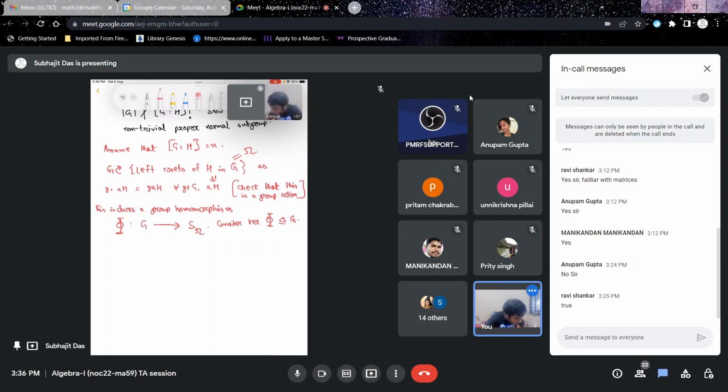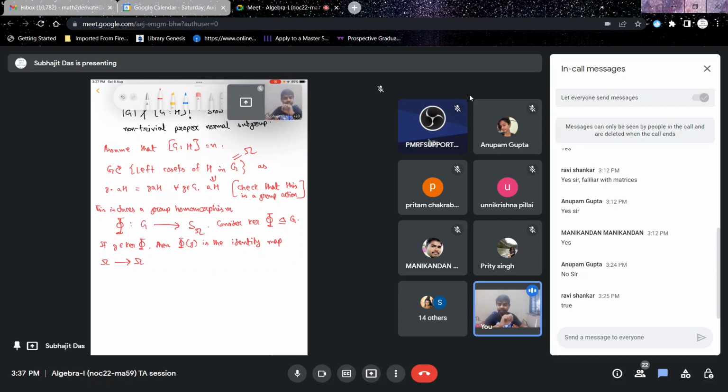So observe that if G is in the kernel of phi, then what this means is that phi of G is the identity map from omega onto omega, which means that phi of G is the identity permutation on omega.